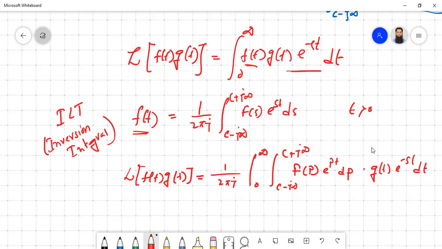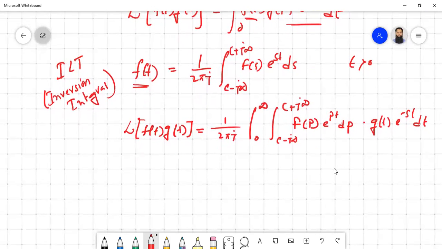Since we are assuming uniform convergence, whether the line integral is done first or the integral from 0 to infinity is done first, it gives the same result. That is why the order of integration can be changed.